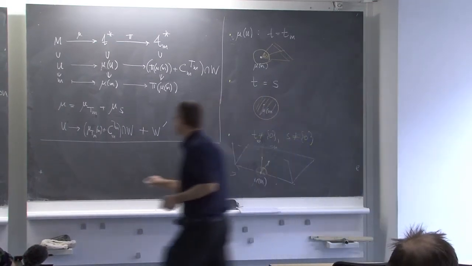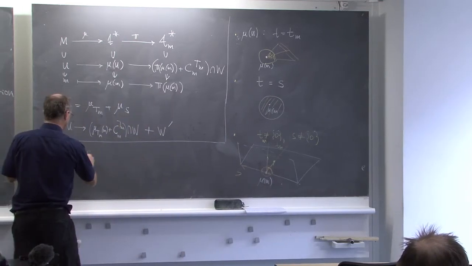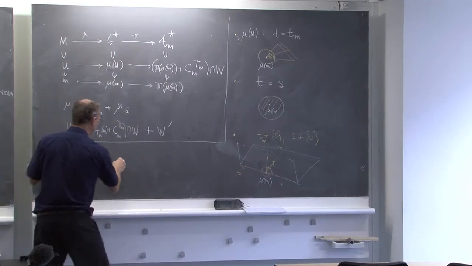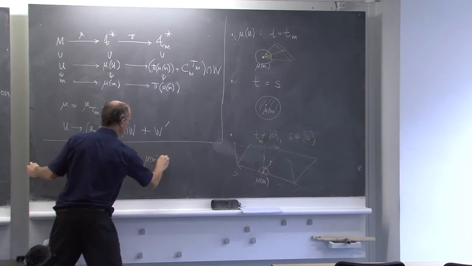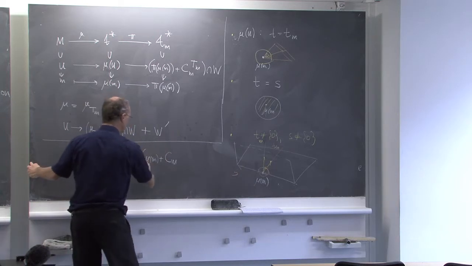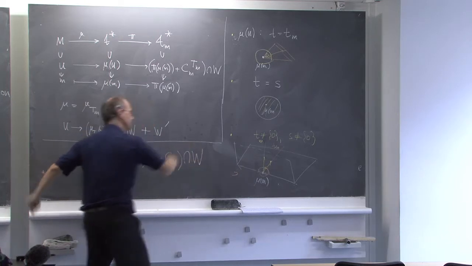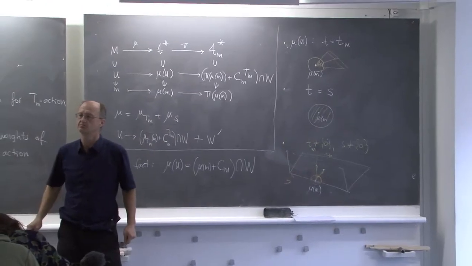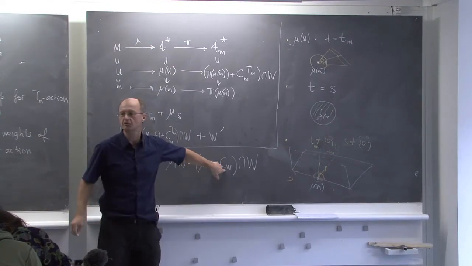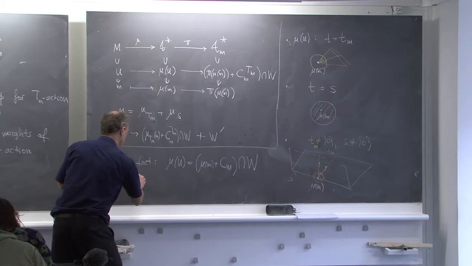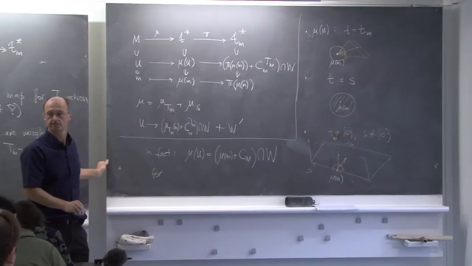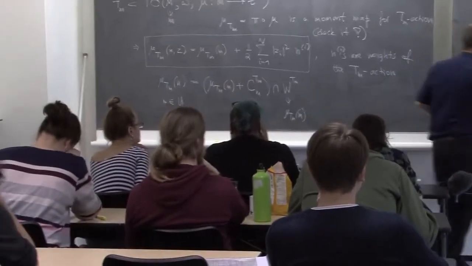In fact, one can put it in the following way. Mu of u is mu of m plus a polyhedral cone intersection with an open ball. What is this polyhedral cone? Isn't it just CMTM and then you add just something?